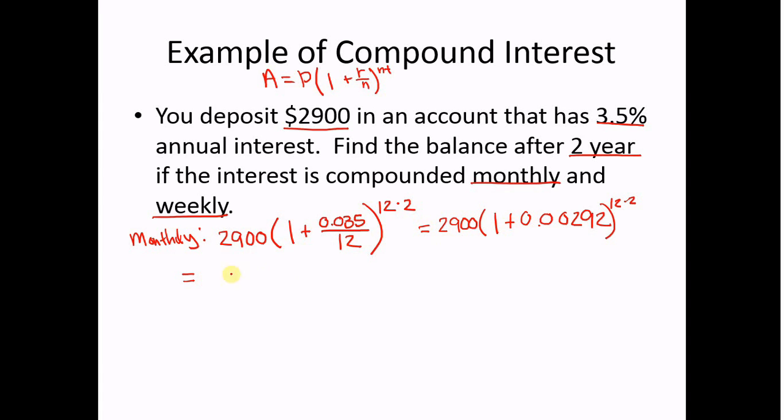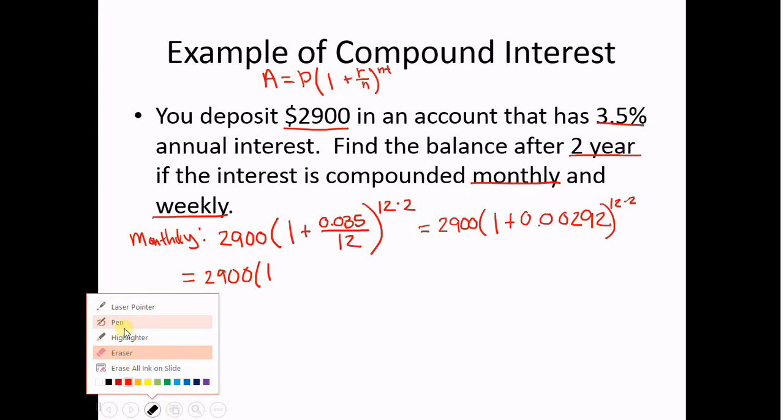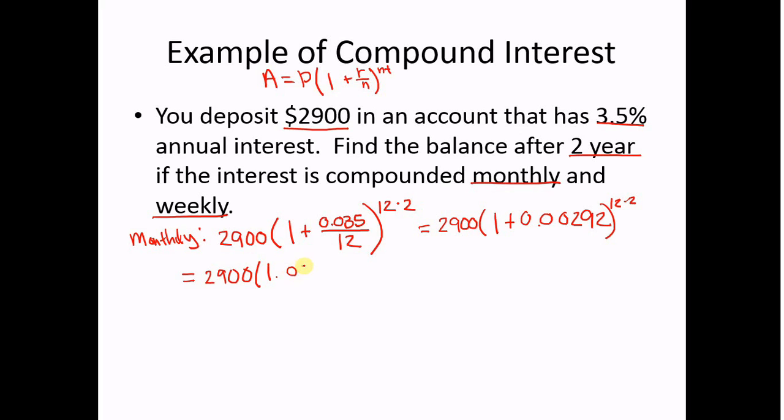So we're going to add 1. So we're going to have 2,900, 1 plus 0.00292, 12 times 2, okay? Now I'm going to figure out what this is.